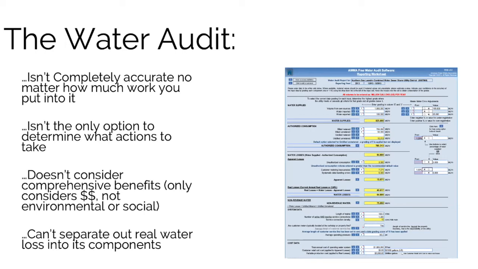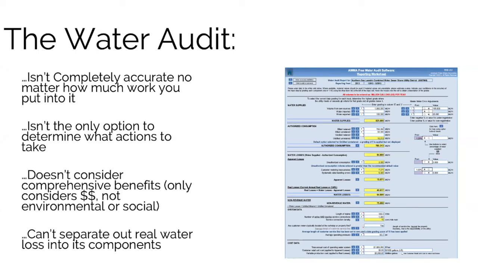So environmental benefits are those that affect the environment, like your water resources, and are you drawing from an aquifer that might be limited, or is there some reason to not want to take so much water from that aquifer? Social benefits relate to your customers. So does it affect your customers that you have a lot of breaks in the lines, or you see water going down the street? So it won't cover those types of benefits. It really only focuses on the financial benefits.